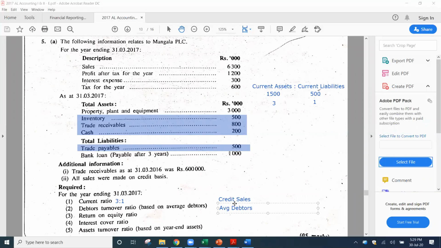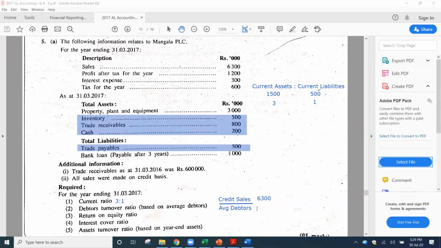So what is the credit sales? Since they have not given any other details, total sales will be considered as credit sales.